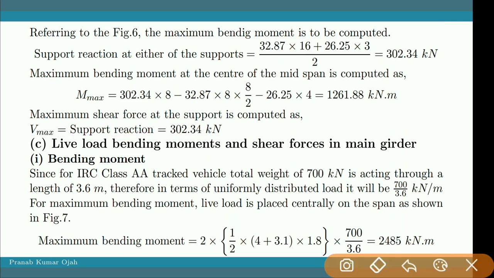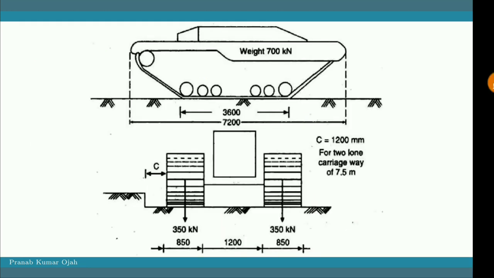Next we have to go for live load bending moments and shear forces in the main girders. First of all we will calculate the live load bending moment. For IRC class AA tracked vehicle, a total weight of 700 kilonewton is acting over a span of 3.6 meter.